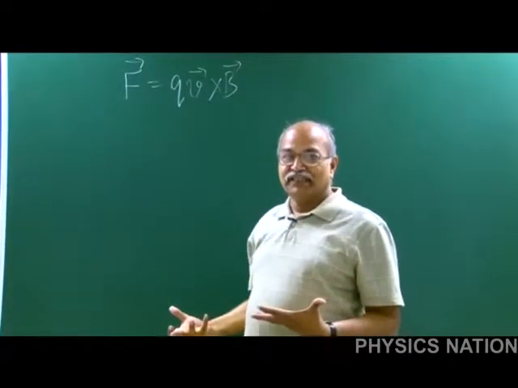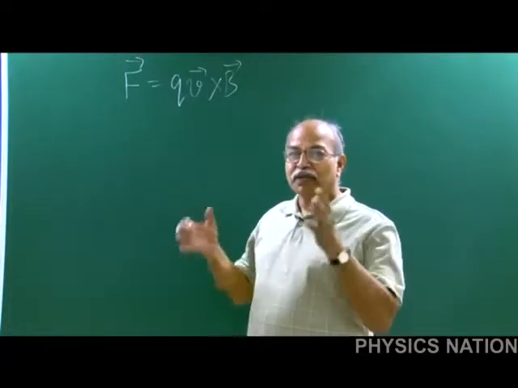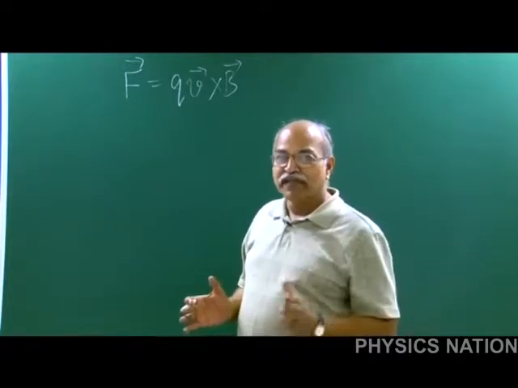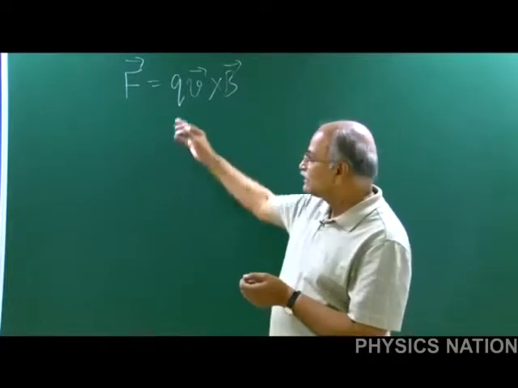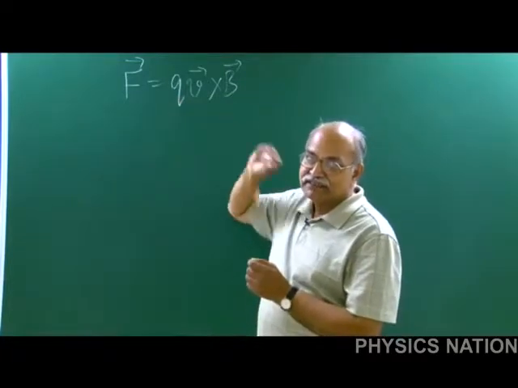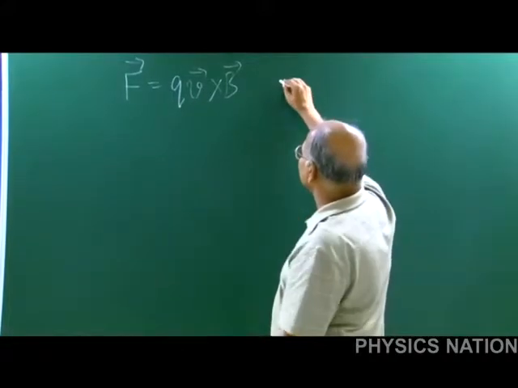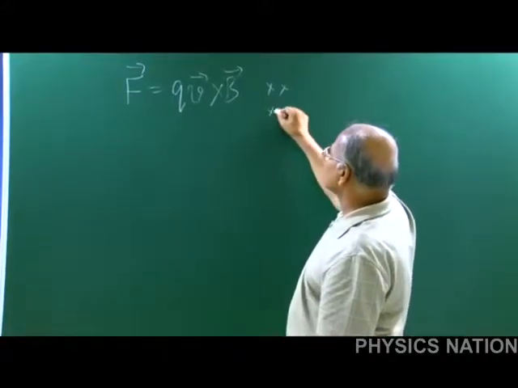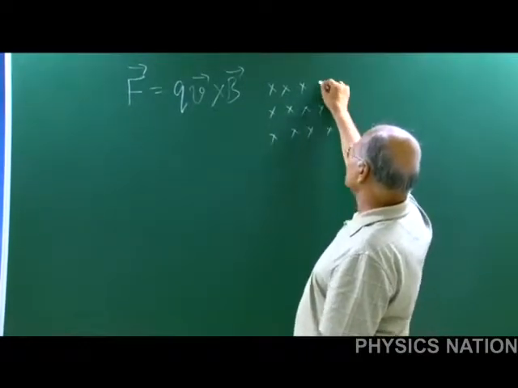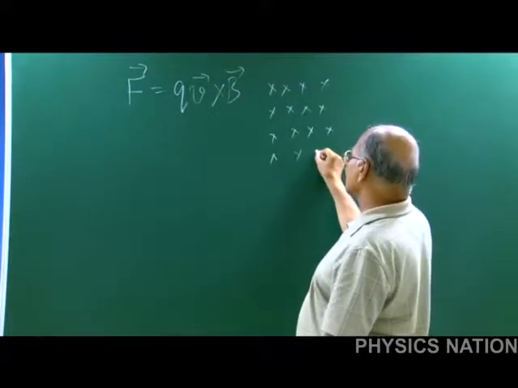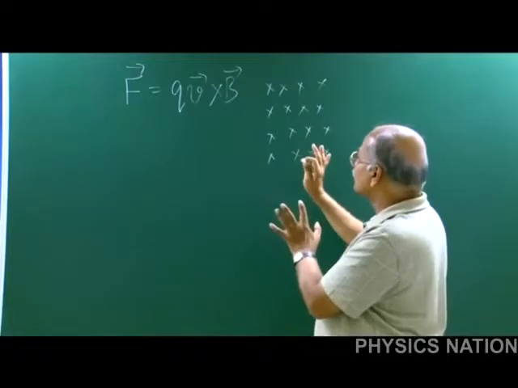And if you send a charged particle perpendicular to a uniform magnetic field, then it goes in a circle. That one can easily derive starting from here. So say magnetic field is going inside this board, so you have magnetic field shown by such crosses. These crosses are generally used for showing that the magnetic field is perpendicular to the surface and uniform.